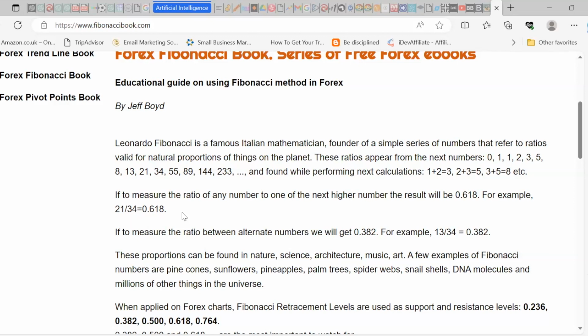But if you measure the ratio between alternate numbers, for example 13 and 34, where you skip 21 and connect 34, you are going to get 0.382. You can punch your calculator to get that.